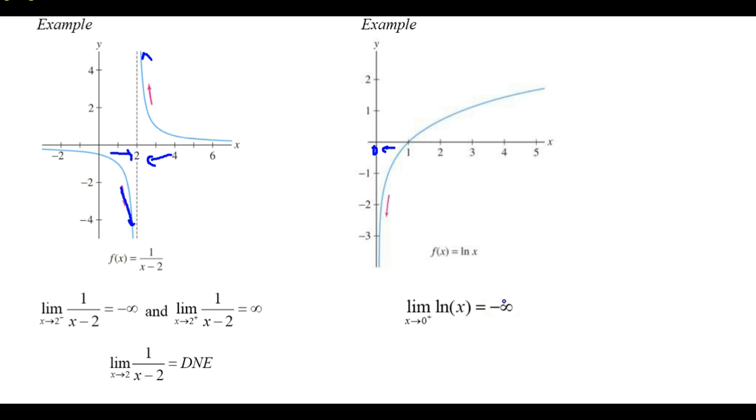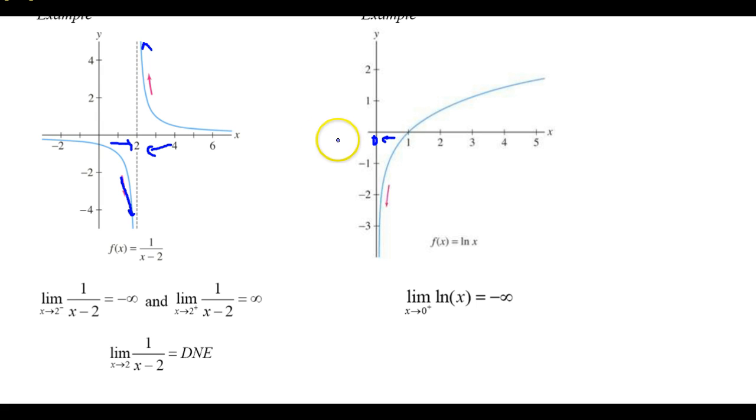And since the function natural log is not defined for negative values on the left side of 0, this is the only one-sided limit that we can consider for the natural log function. So the limit as x approaches 0 from the right of natural log is negative infinity. But again, this is an infinite limit, so the limit really does not exist.